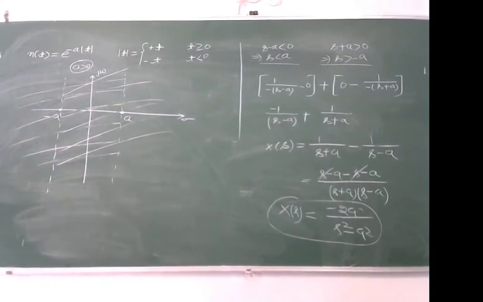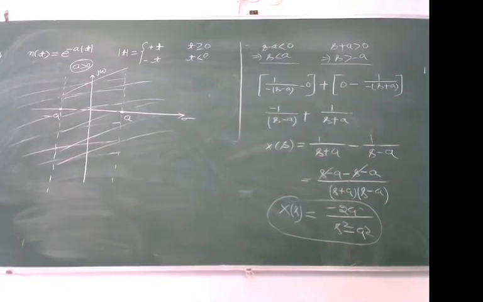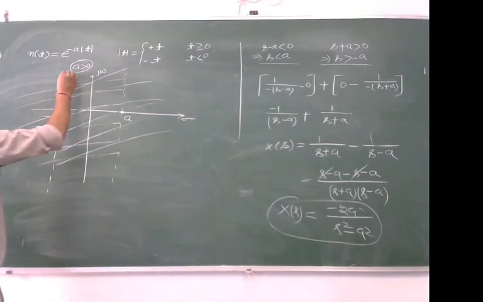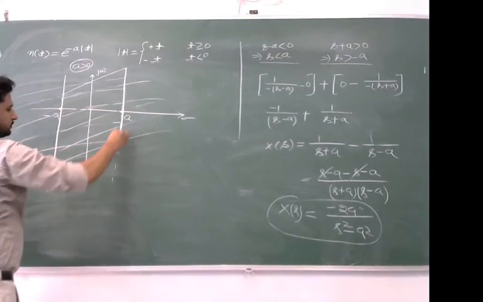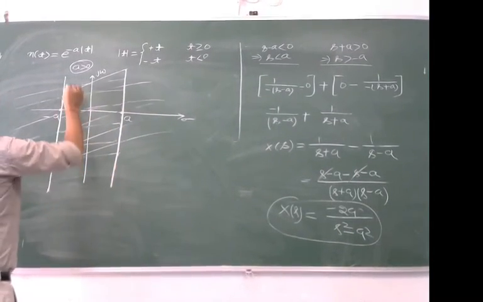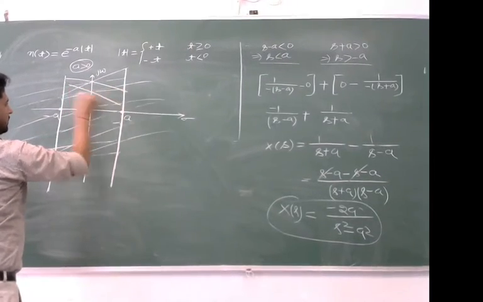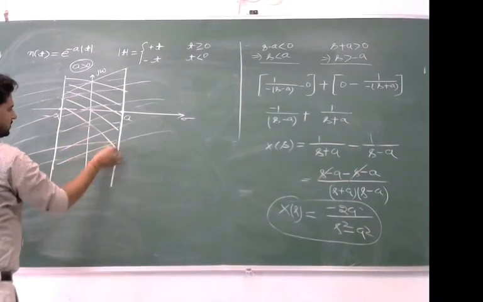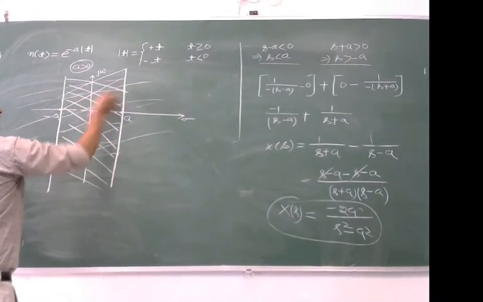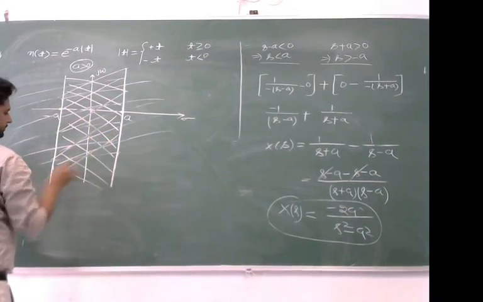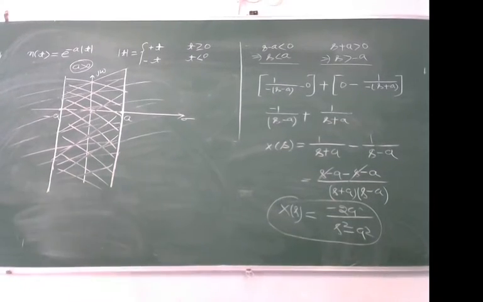If we combine these two regions of convergence, the combined region of convergence will be in this region. This is the region of convergence, lying between minus a and a. This is the region of convergence for the given function.